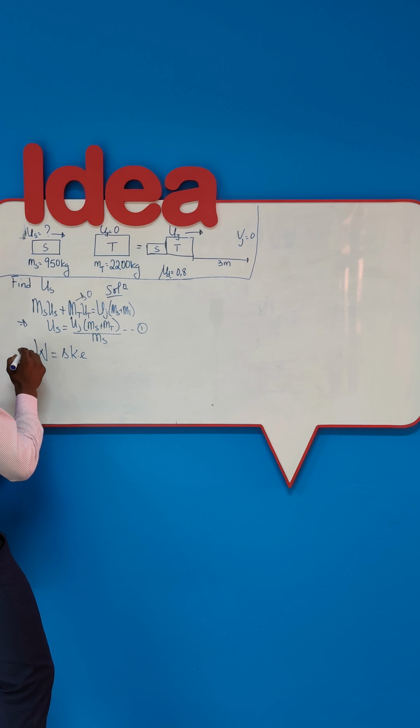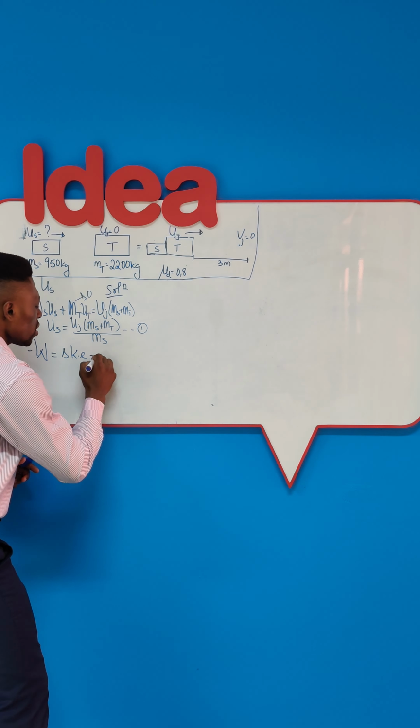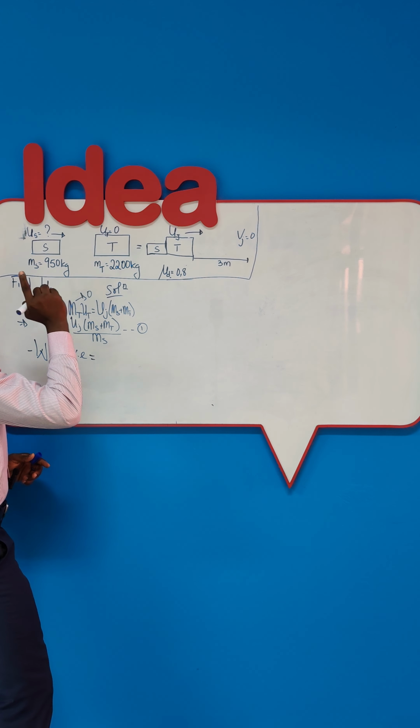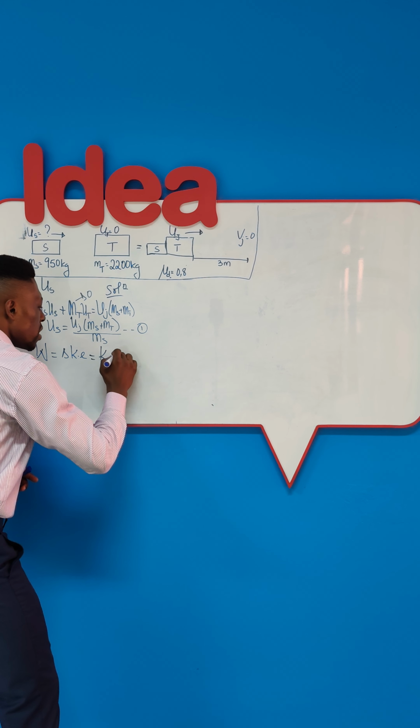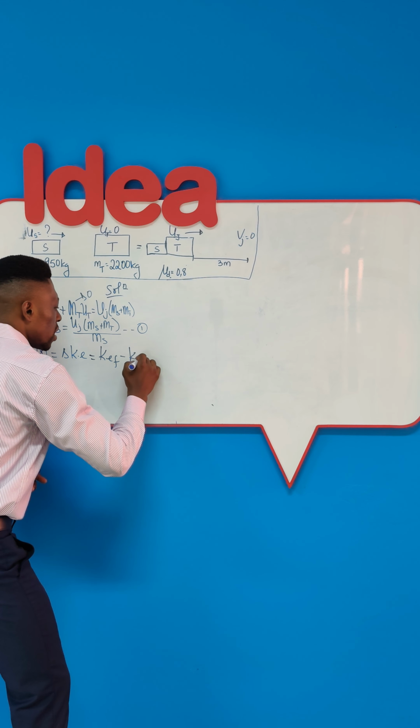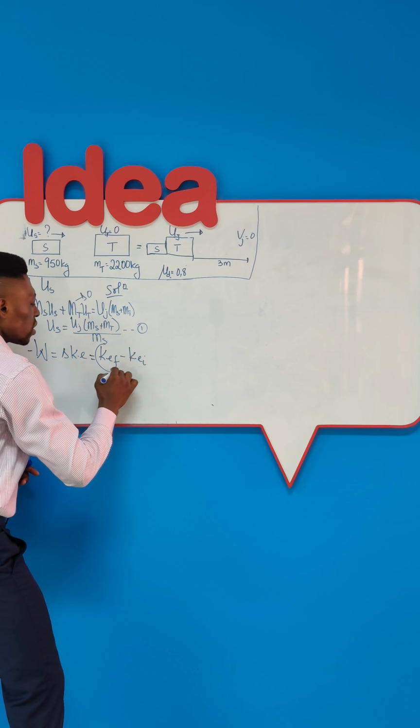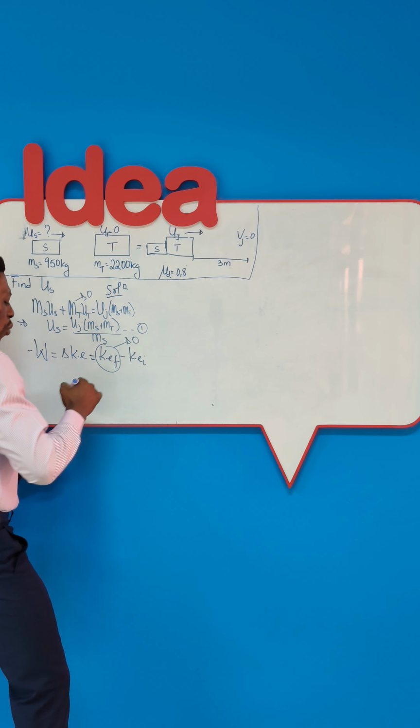Already, we can put a minus sign here. Why? Because what is doing this work is an opposing force, which is friction force, so it takes a negative sign. Now, what is going to be the change in the kinetic energy of this joint mass? It's going to be equal to the final kinetic energy minus the initial kinetic energy. Of course, the final kinetic energy will be zero. Why?